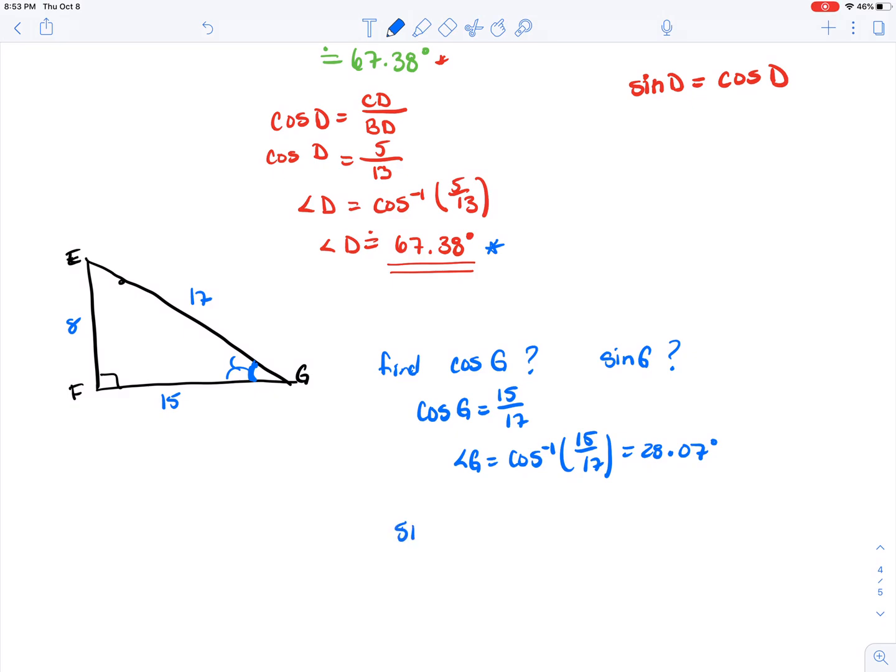Now for sine G, again, it is opposite over hypotenuse, so 8 over 17. So for my angle G, again using your calculator for the inverse, the inverse sine of 8 divided by 17 gives me angle G equaling 28.07 degrees. So you should have gotten the same again.